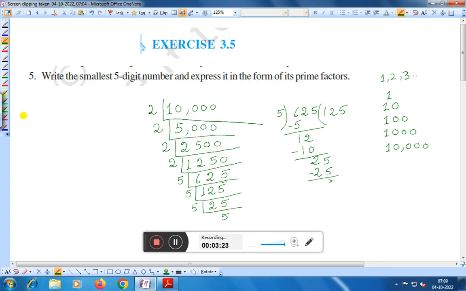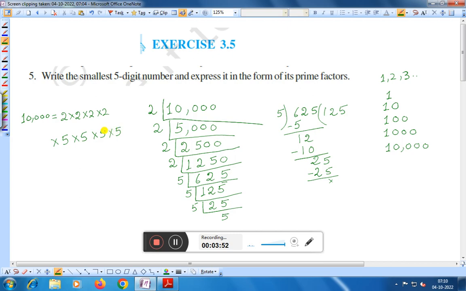Therefore, we are writing here that 10,000 is equal to 2 into 2 into 2 into 2 and into 5 into 5 into 5 into 5.